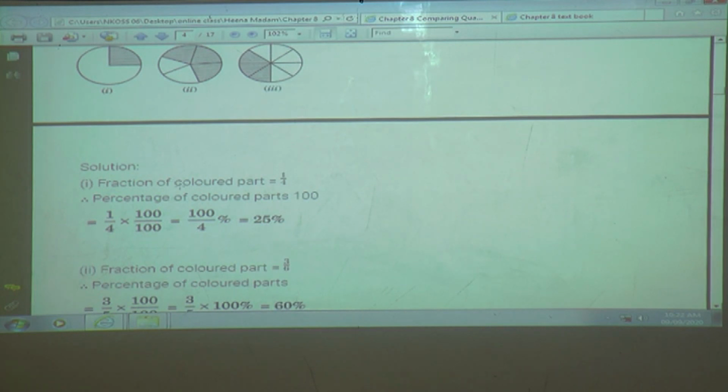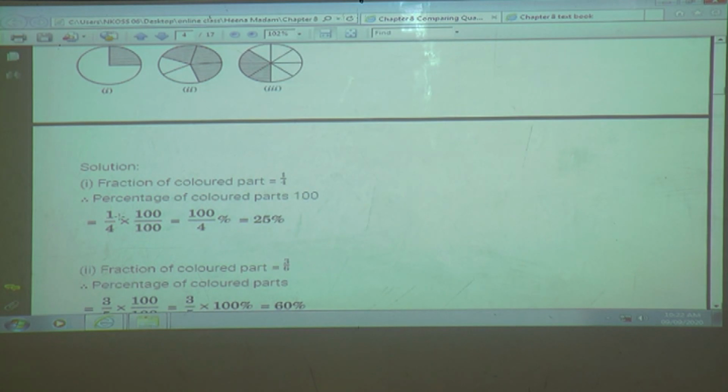So the fraction of the colored part is 1/4, because by seeing the figure we can find what part is colored. Therefore the percentage of the colored part is out of 100, the word percentage itself says it should be out of 100.